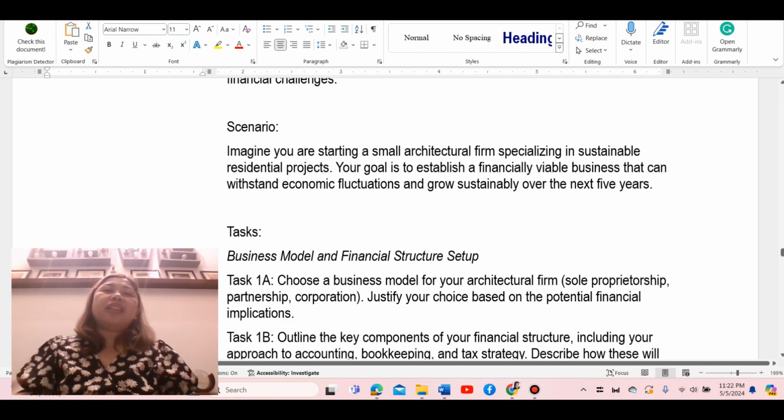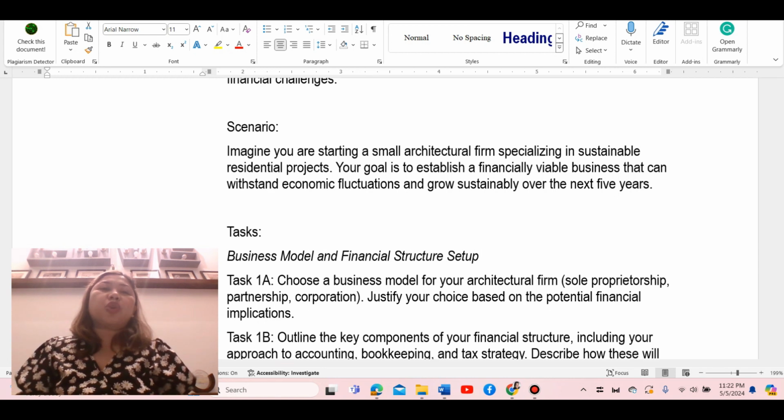Imagine you are starting a small architectural firm specializing in sustainable residential projects. Your goal is to establish a financially viable business that can withstand economic fluctuations and grow sustainably over the next 5 years.